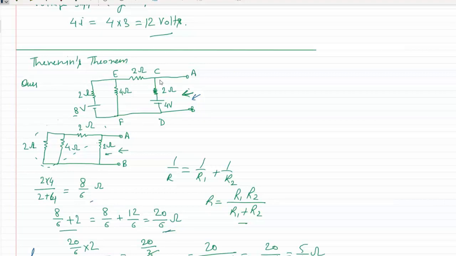We have to calculate the voltage at this point and the voltage at this point. That is only the voltage VTH. VTH is equal to VAB.